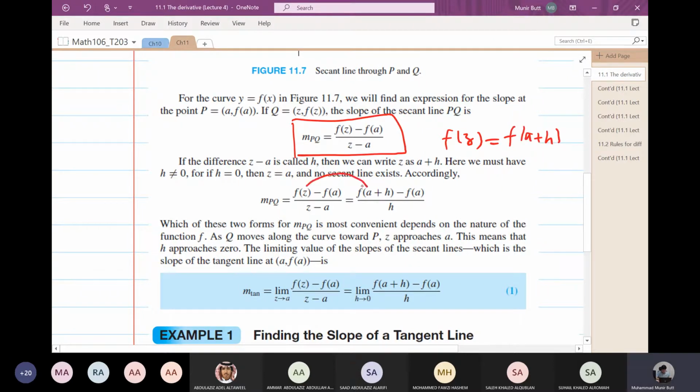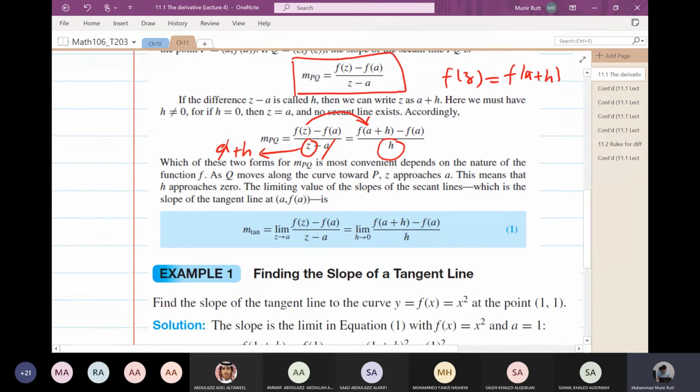So we can just replace f of z with f of a plus h, and this z was a plus h. When we plug in a here, this a will be cancelled out, and we will be left with only h. So therefore, the formula for the slope of the curve at that point will be this one.